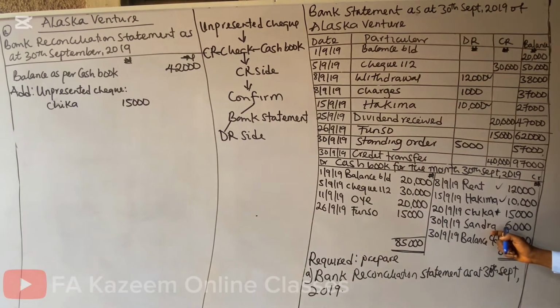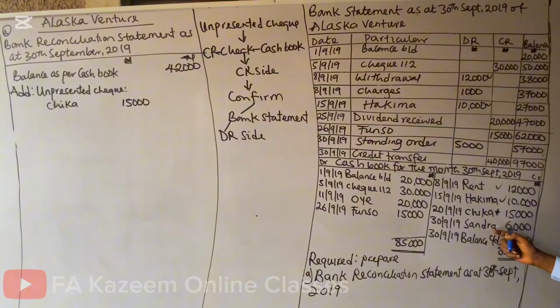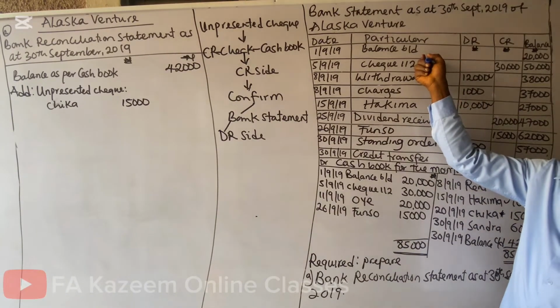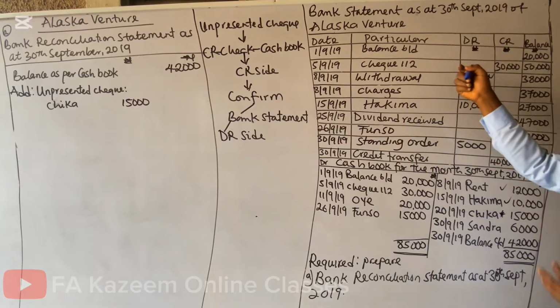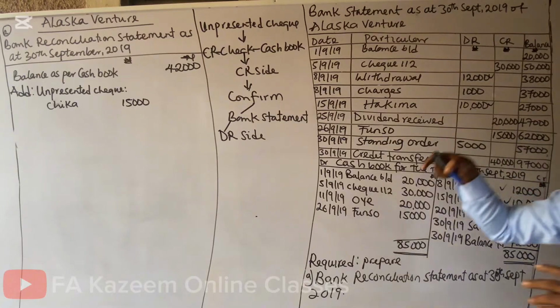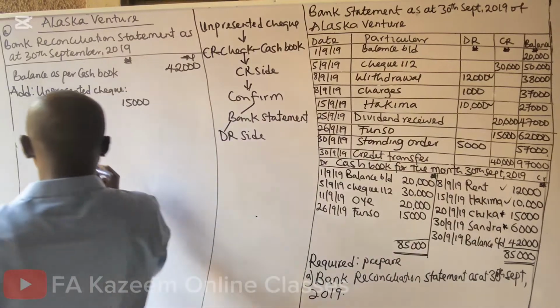In that case, there's no deduction. The customer has deducted with the mind that Sandra will take the check to the bank. But on collecting this bank statement, there was no Sandra there, meaning that such money has not been paid out. What do you do? You add back. That's the second unpresented check, Sandra.